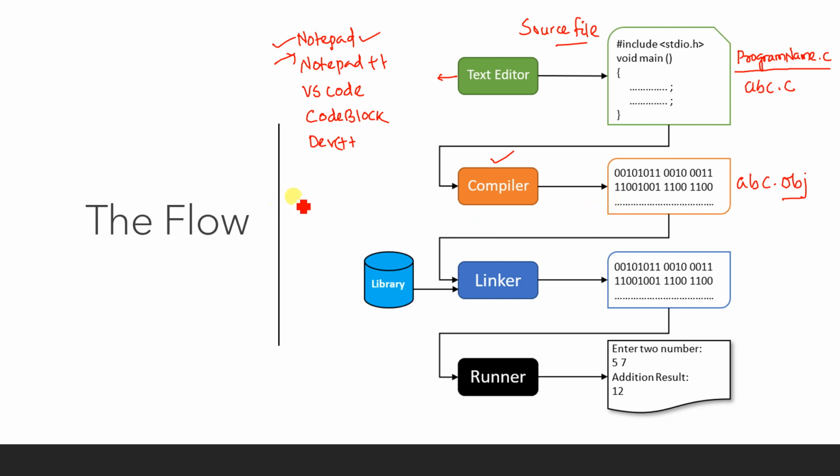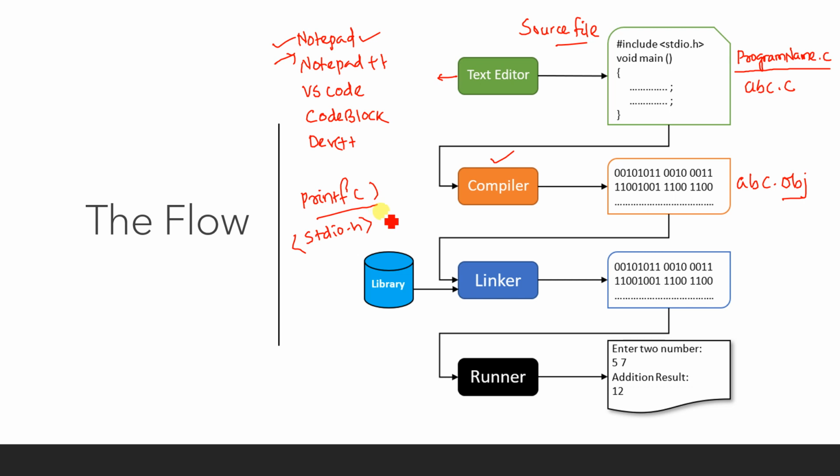Like in the previous class I showed you that printf is a library function whose definition is already present in the library, inside stdio.h. This is a header file, sometimes called a header file or preprocessor directive.